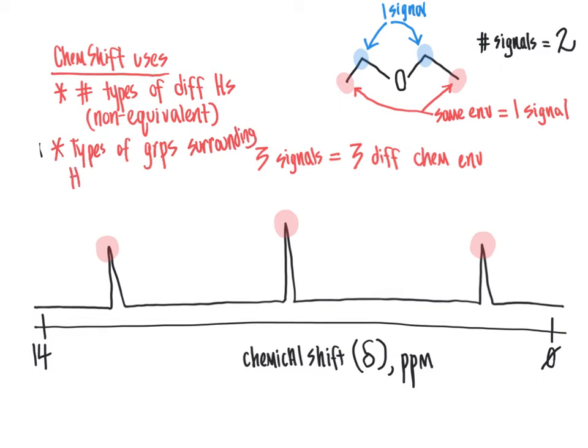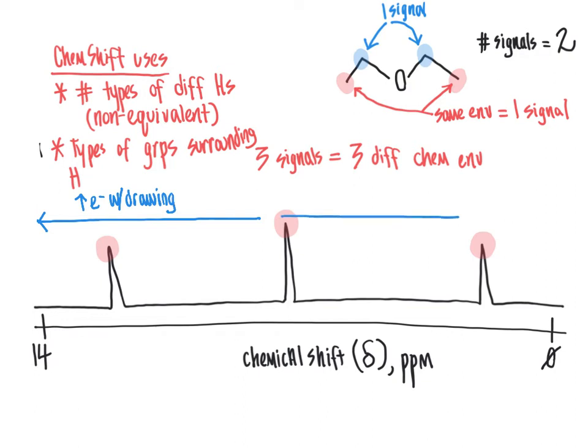The types of groups surrounding the proton we're observing are defined as electron donating or electron withdrawing groups, which are going to determine how far to the left, meaning closer to 14, versus how far to the right, meaning closer to 0, a particular proton signal is. The general trend is that as we go toward the left, closer to 14 in the spectrum, that indicates that there are increasing electron withdrawing groups surrounding the proton that we're measuring the chemical shift of.